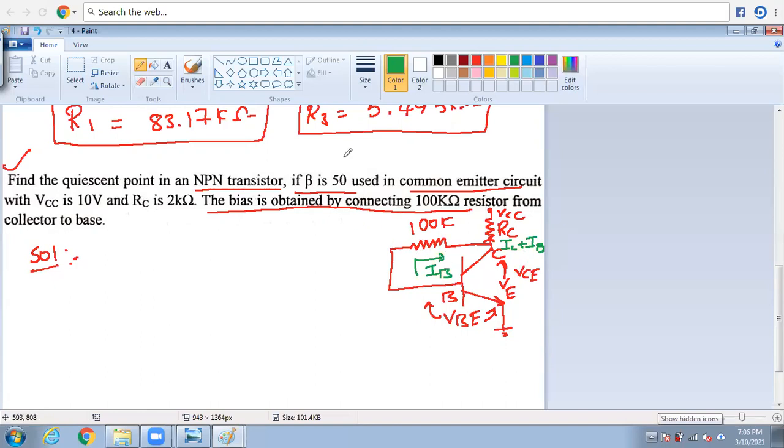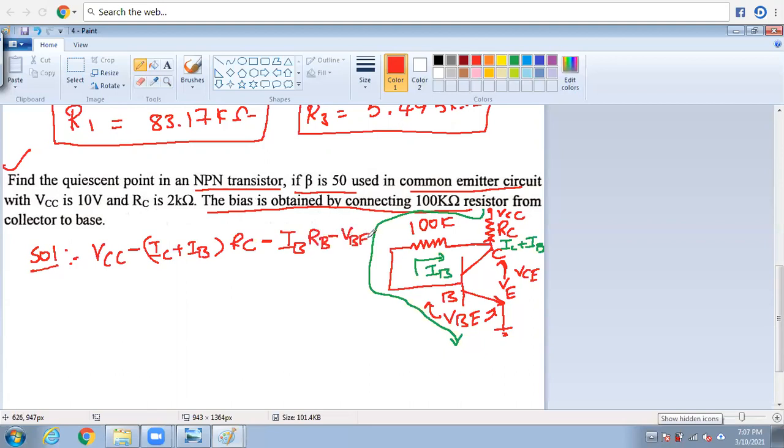Once you write the loop equation like this, as usual, now VCC minus, there are two currents, IC plus IB into RC, minus IB into RB, minus VBE equal to 0.